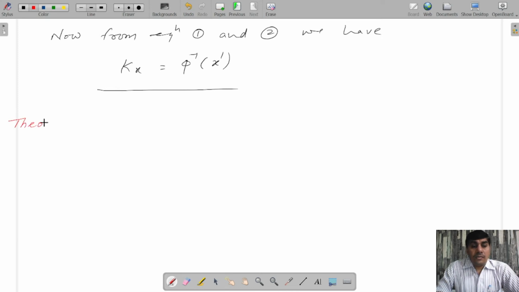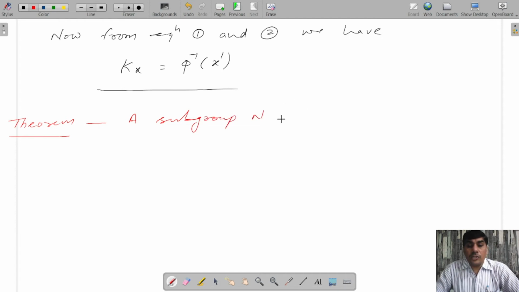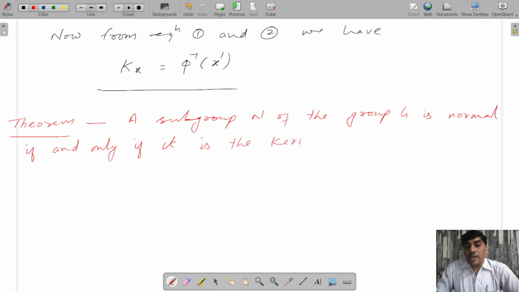Next theorem: a subgroup N of the group G is normal if and only if it is the kernel of some homomorphism.